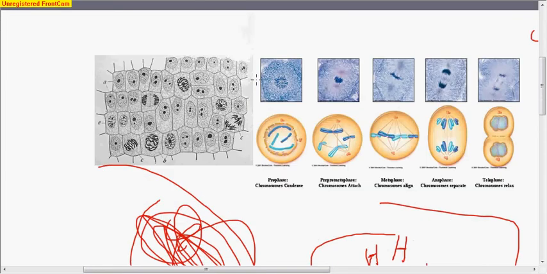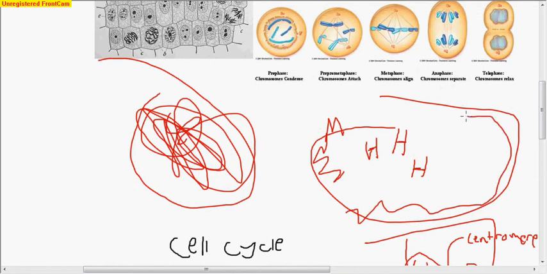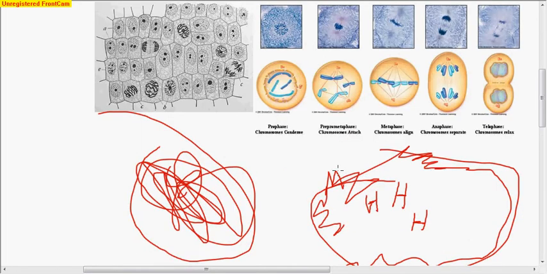Now, what happens next? What happens after that? Well, this nuclear membrane right here, it's going to dissolve. Okay? So it's going to dissolve, and the centrioles, which are these little people right here, are going to move to opposite ends of the cell.